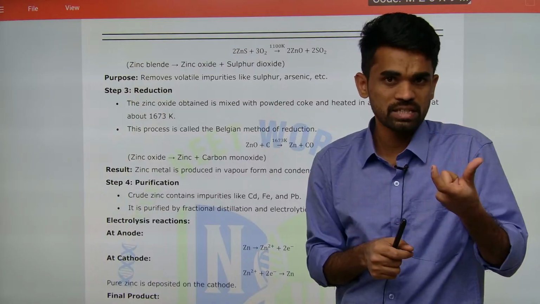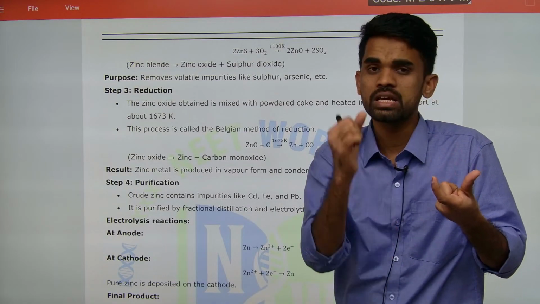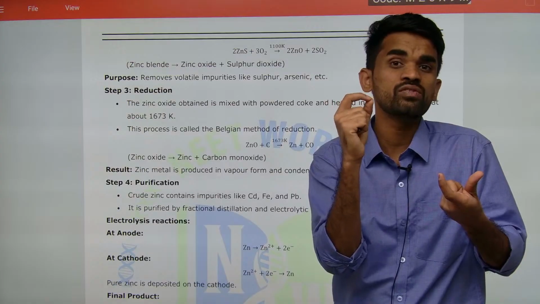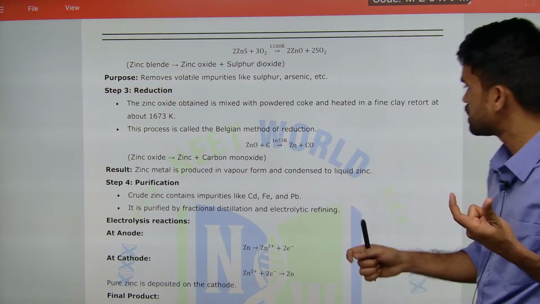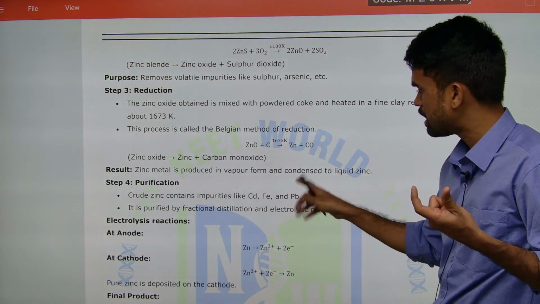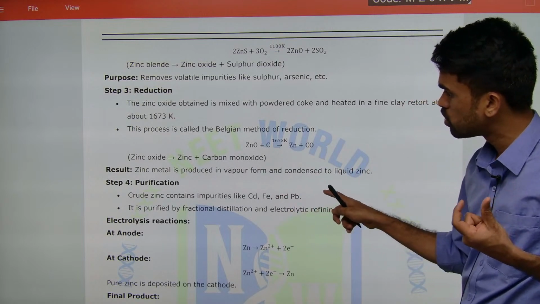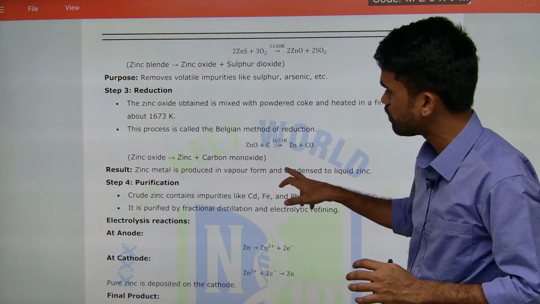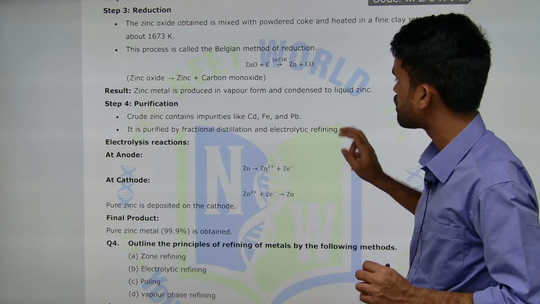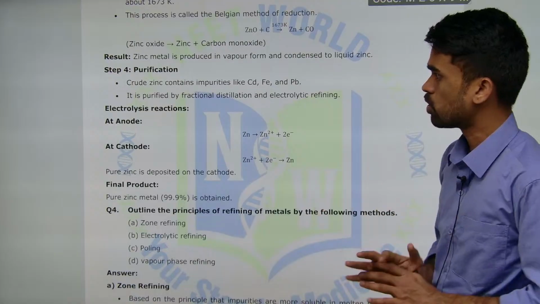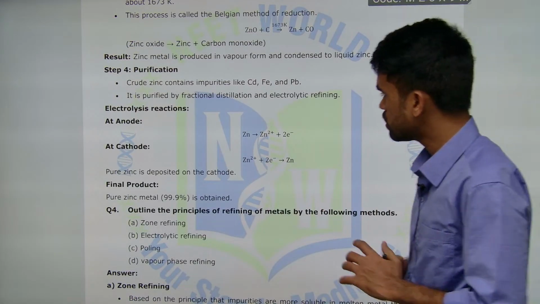Along with our zinc metal during this reduction process, there will be a small quantity of impurities like cadmium, iron and lead. So how will this be removed? It can be purified by either fractional distillation or by electrolytic refining. That's it.